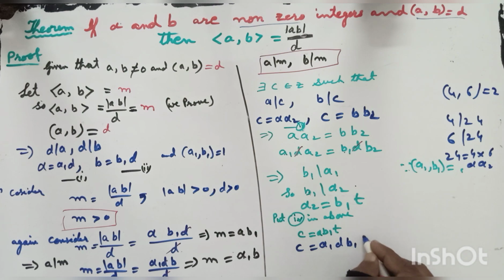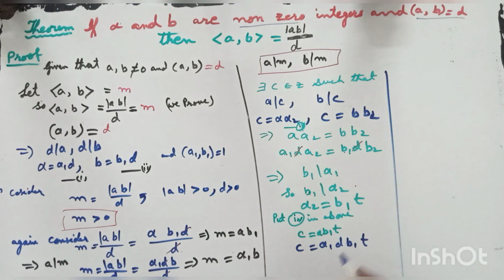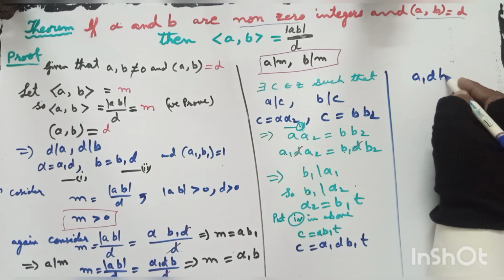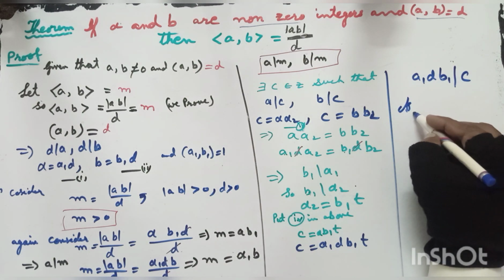A1 D B1 into T. If these are factors, this is a product. What does it mean? It means that A1 D B1 must divide C.